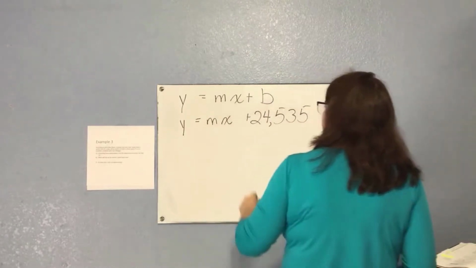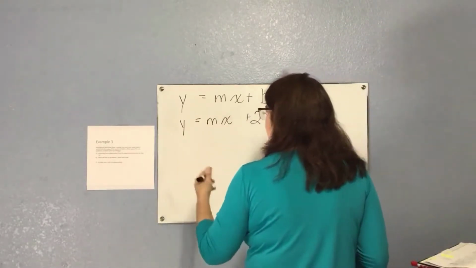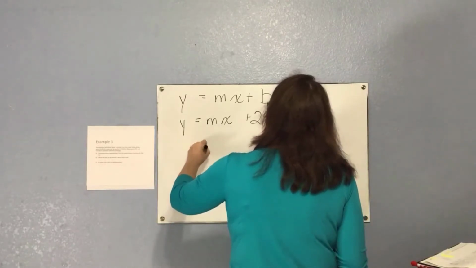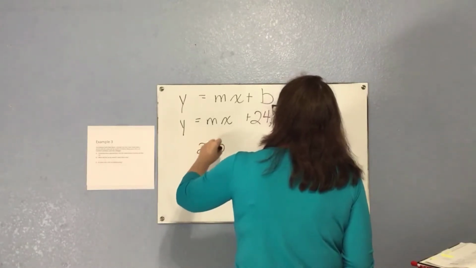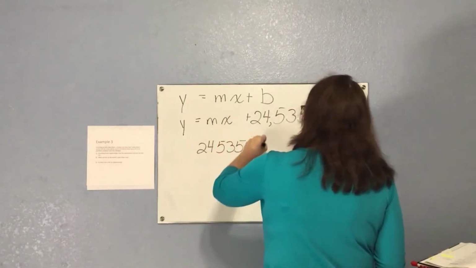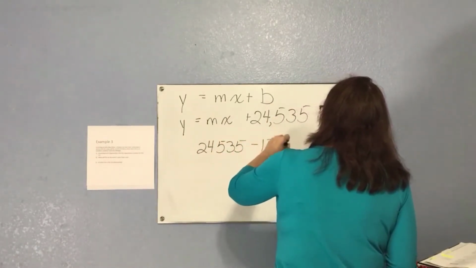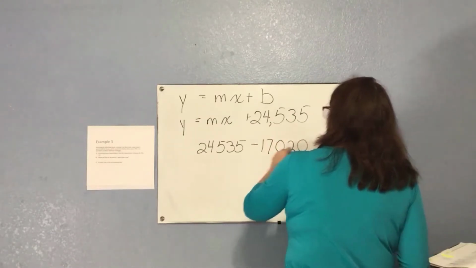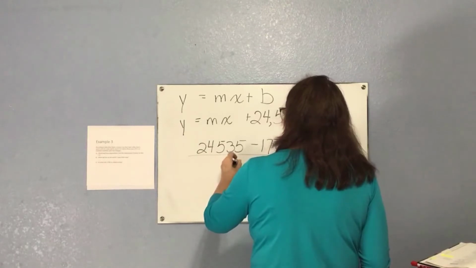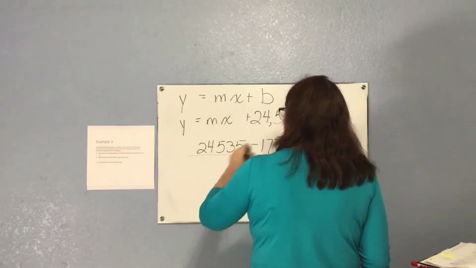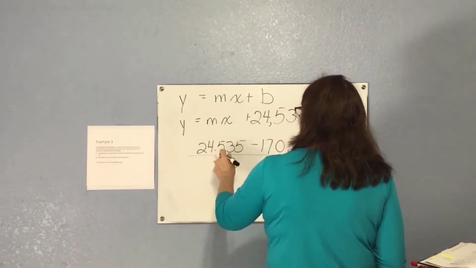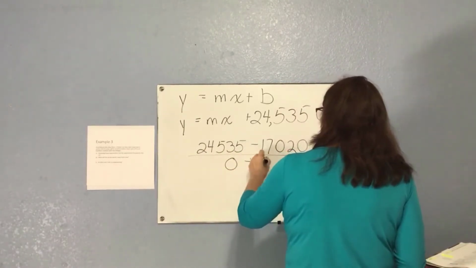You might recall, to find the slope, we can take these two points that we have. So I'll take 24,535 minus 17,020. That's the change in value over the change in time, which is 3 years. This was time 0, and this was 3 years later.